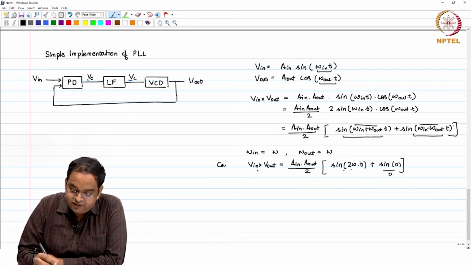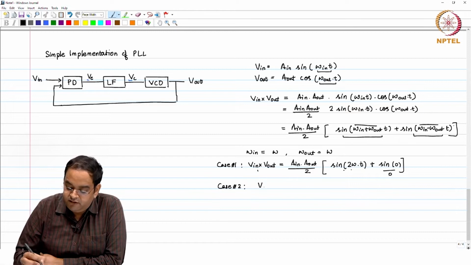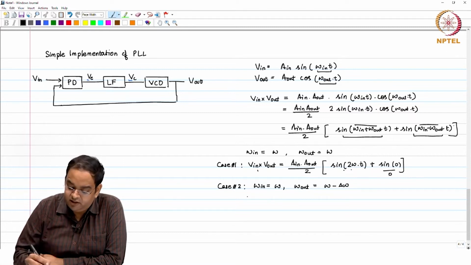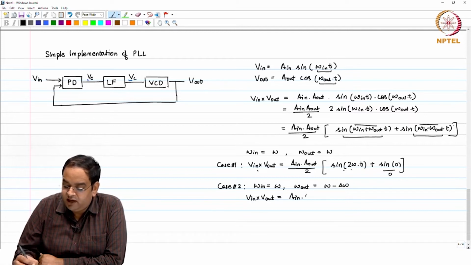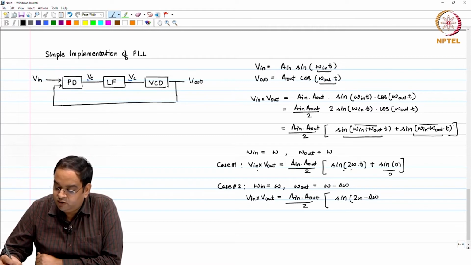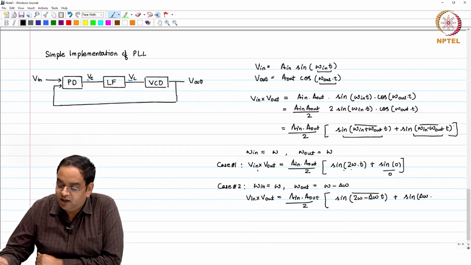This is case 1. In case 2, if you have a frequency error between the input and the output signals, let us say omega minus delta omega, then V in cross V out is A in A out by 2 times sine of (2 omega minus delta omega) times t plus sine of delta omega times t.